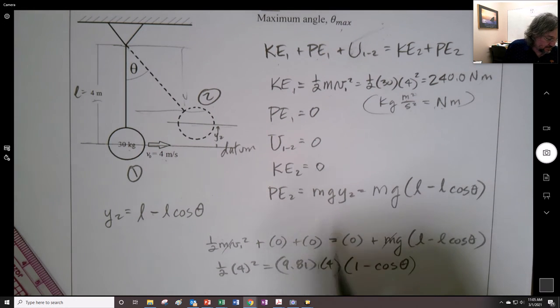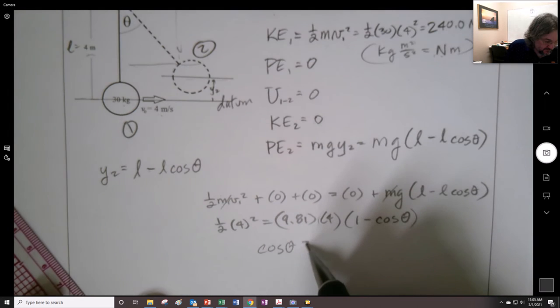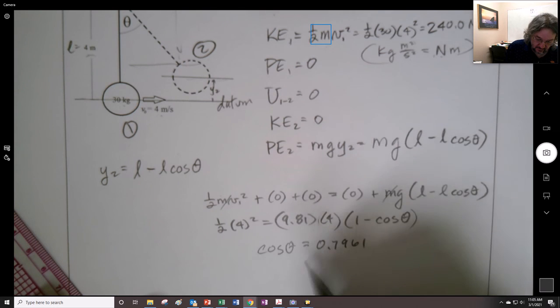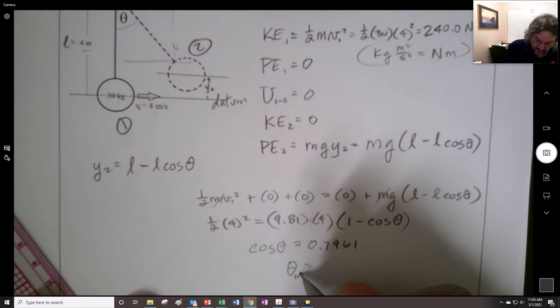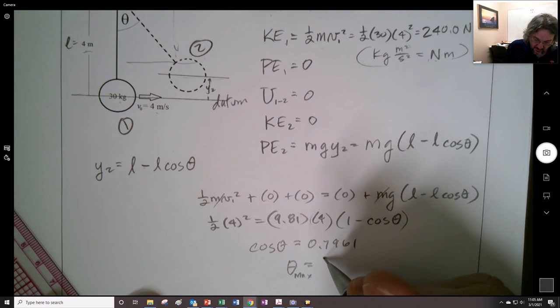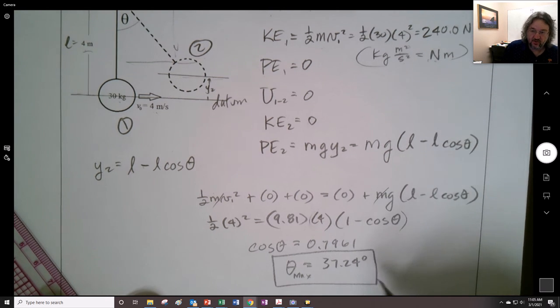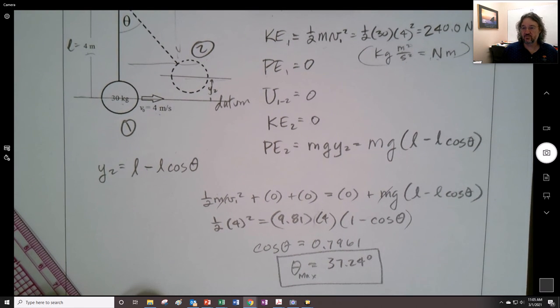So if we do all these values, we'll say the cosine of theta is going to be 0.7961. So theta, which is going to be the maximum angle that this thing can reach up to there, is going to be 37.24 degrees. And that matches with what we got in the previous example, where we did the integration of the velocity to try to get it. So it's a much simpler approach, much easier.